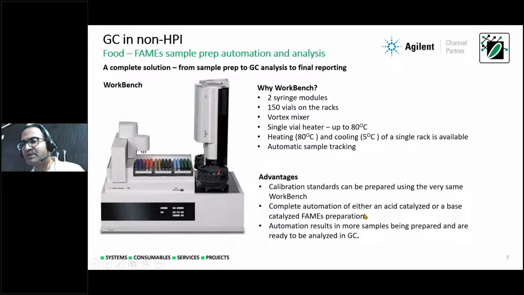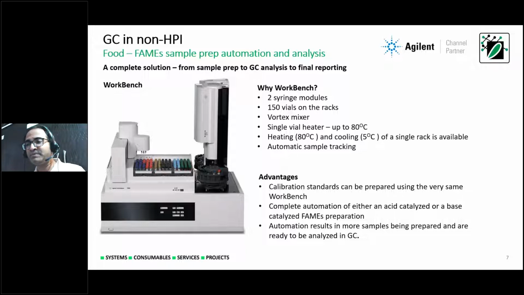The second point, the complete automation of either an acid catalyzed or the base catalyzed FAMES preparation, because we are talking about FAMES here. I have made this point that either you might be doing the acid catalyzed hydrolysis and then derivatization, or you might be doing the base catalyzed hydrolysis followed by the derivatization, and then you might be doing the analysis.